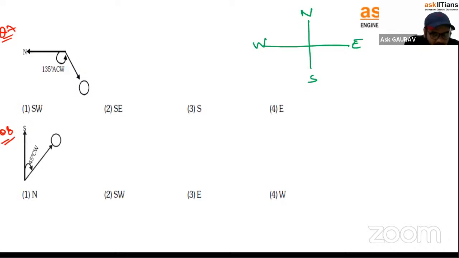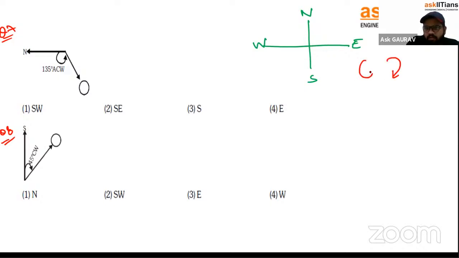I'm repeating, anti-clockwise you are moving, not clockwise, anti-clockwise 135. It will not be northeast. Yes, it will be southwest. This is clockwise direction.